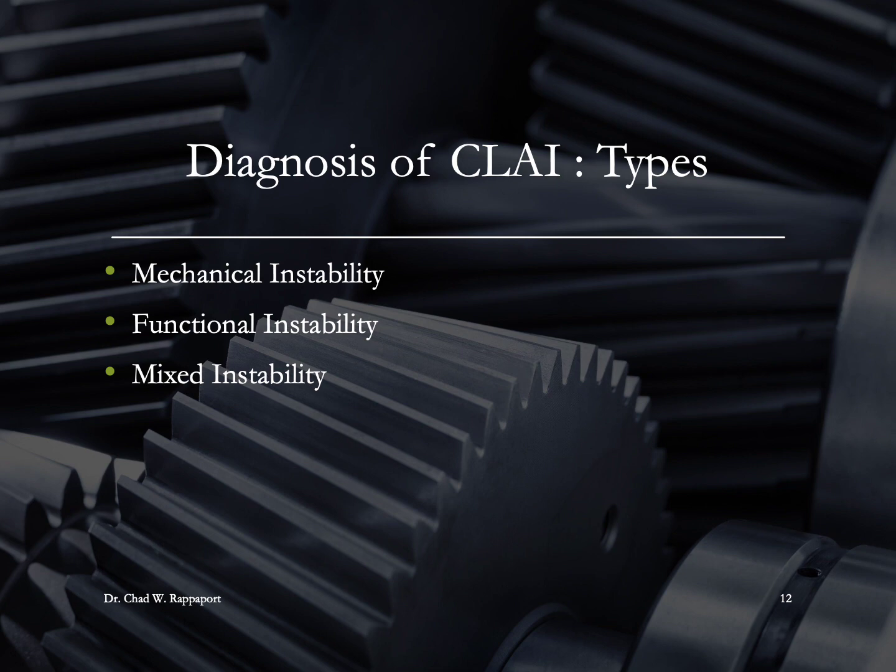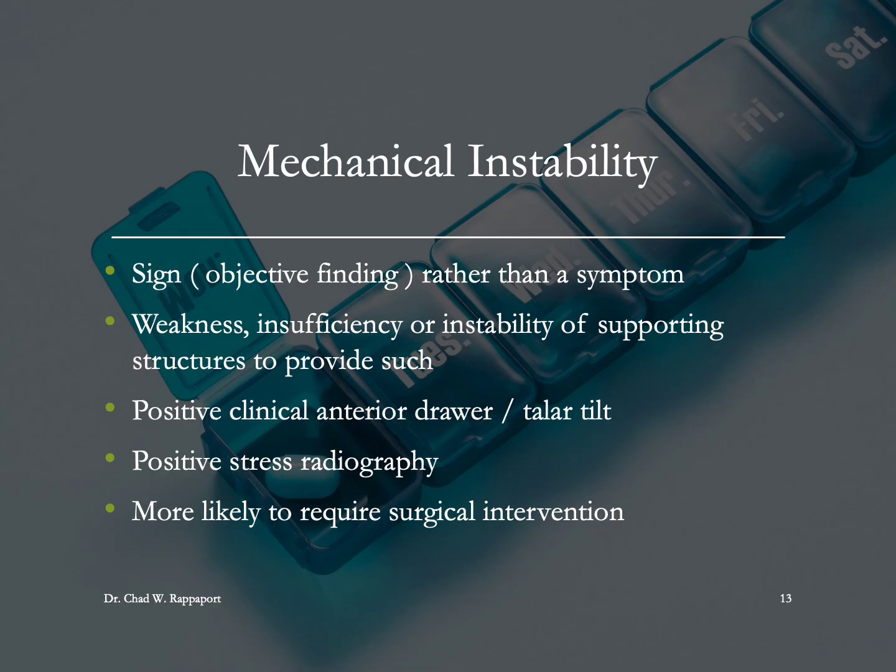When a patient develops chronic lateral ankle instability, it's typically either of a mechanical nature, a functional nature, or one that is mixed. So mechanical instability is a sign or objective finding more so than a symptom.